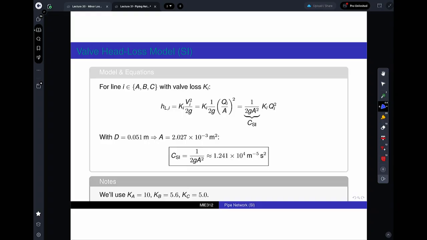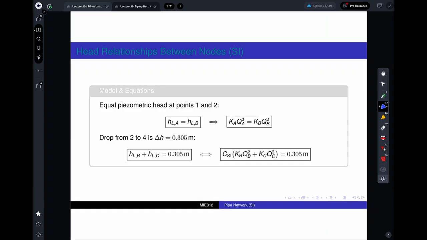And in that case, I can create a constant C sub Si, and I have a number of 1.24 times 10 to the 4th meters to the minus 5 seconds squared. And again, when you're doing these calculations, it's often really useful to keep your units so you remember or check to see things are actually going to work out. So Ka was given, Kb, Kc were all given for this particular problem.